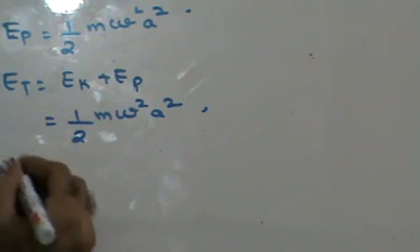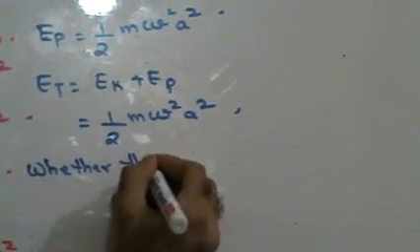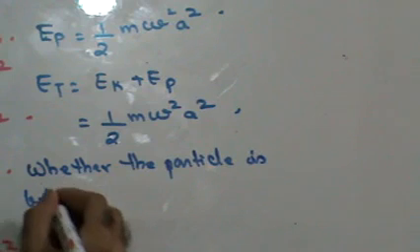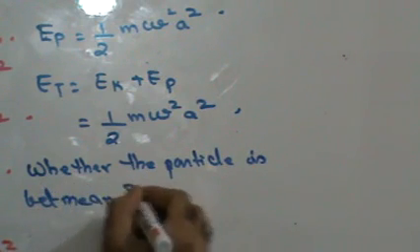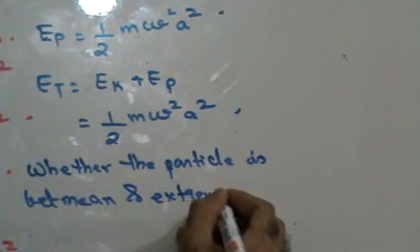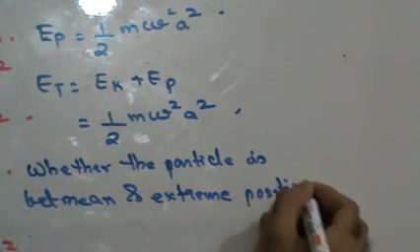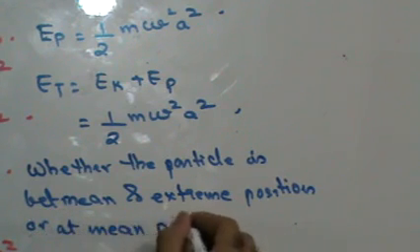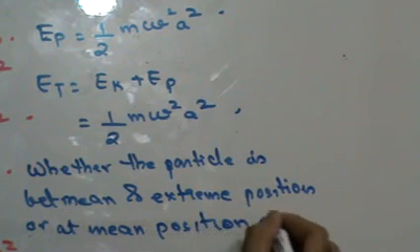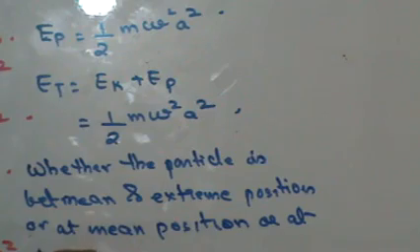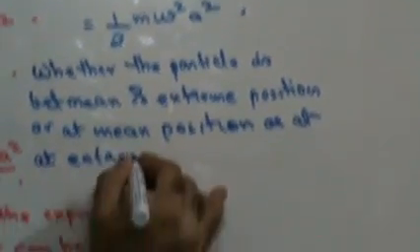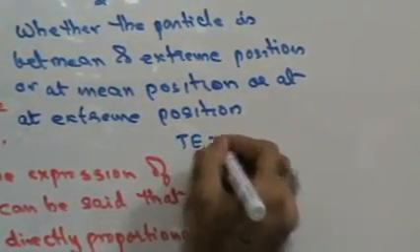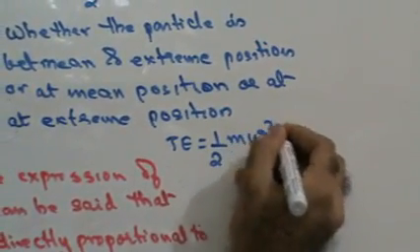Right? So I can say whether the particle is between mean and extreme position, or at mean position, or at extreme position, the total energy is always equal to half m omega square a square.